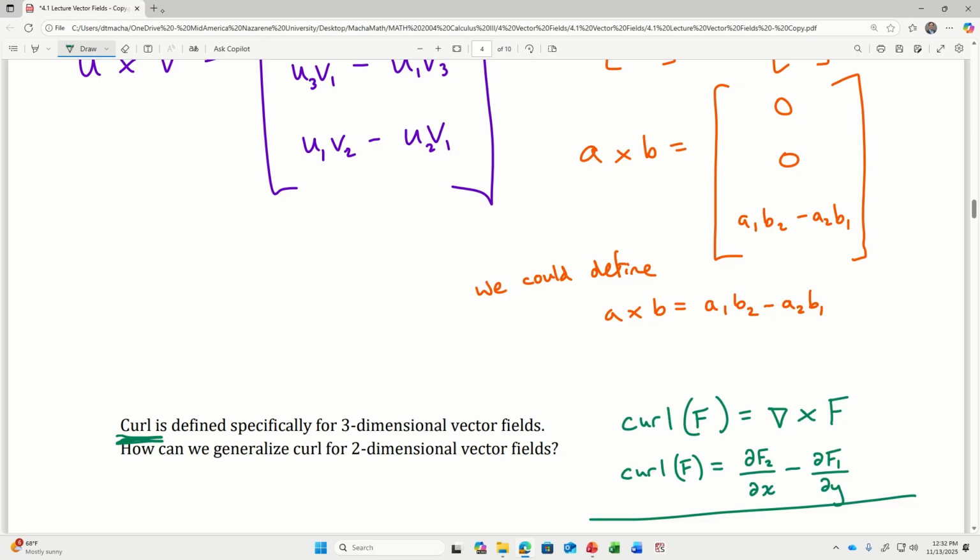And notice that this is a scalar then. If I've got a two-dimensional vector field, then the curl of that is really just a scalar.